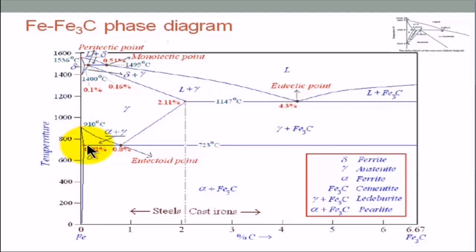The third horizontal line is at 723 degrees centigrade, where the eutectoid reaction takes place. In this case, austenite after cooling becomes pearlite. Pearlite means a mixture of ferrite and cementite.